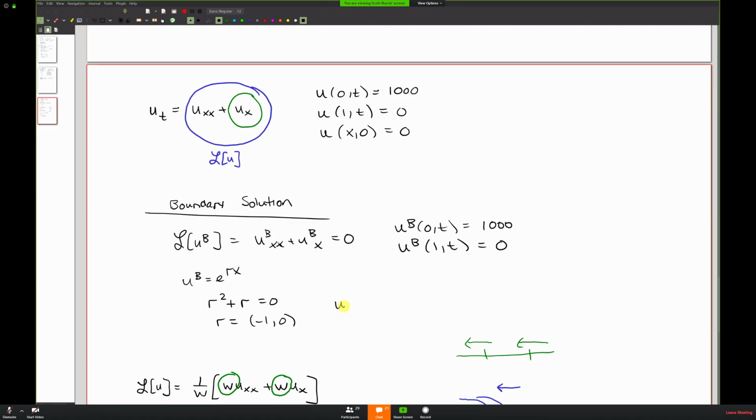And so UB of X. Note that this is not plus or minus something, so it's not necessarily Cauchy-Euler, which would be my favorite basis. Since this is just two different numbers, R equals -1 and R equals 0, I'm just going to write down as my solution C1 e to the minus X plus C2.